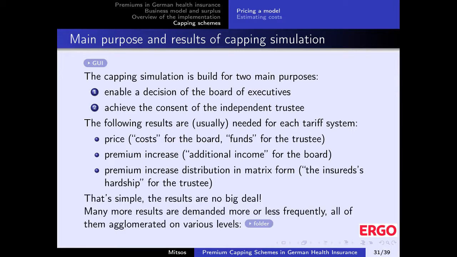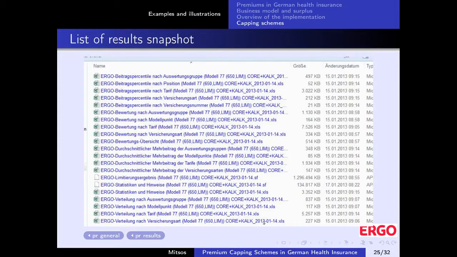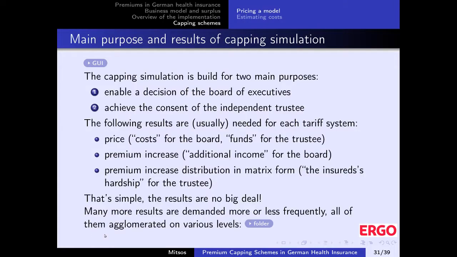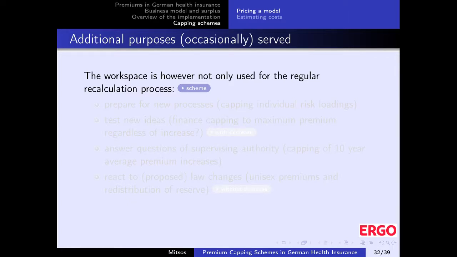For special cases, there are more or less frequently other questions posed, and this means that I have to create many more results. Many Excel sheets. Many of them are very seldom used, but they are necessary. And this means much more data processing and time lost on details.